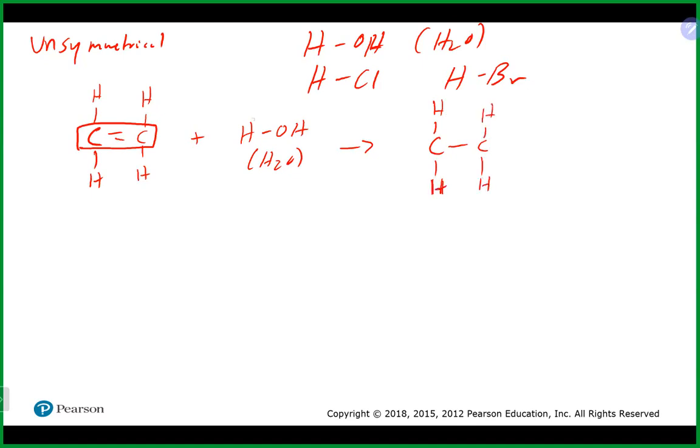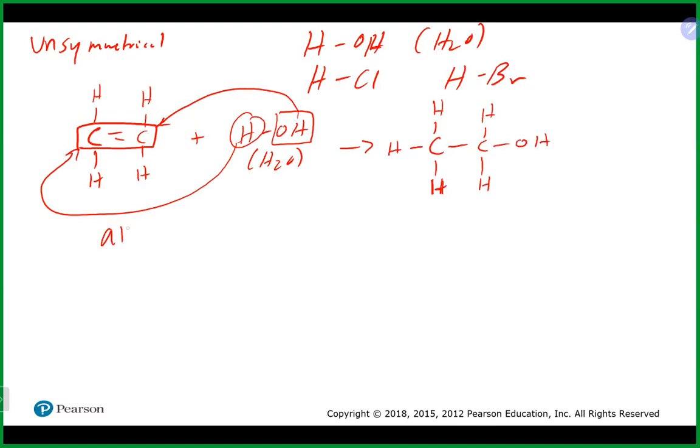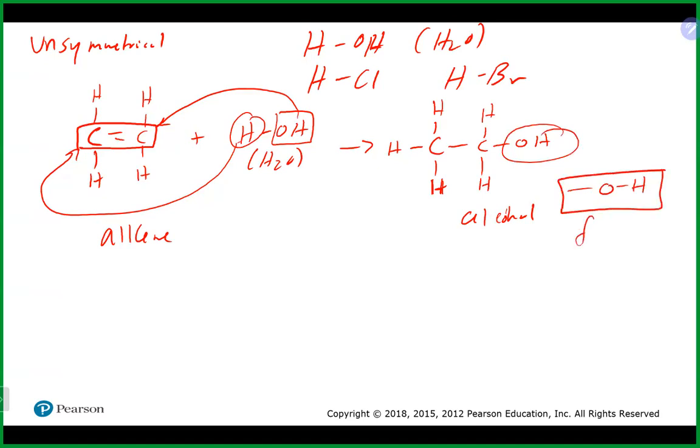Here, the hydrogen is going to be added, and the OH is going to be added. So hydrogen will end up on one, OH will end up on the other. We will have an OH here and an H, and we go from an alkene to an alcohol.